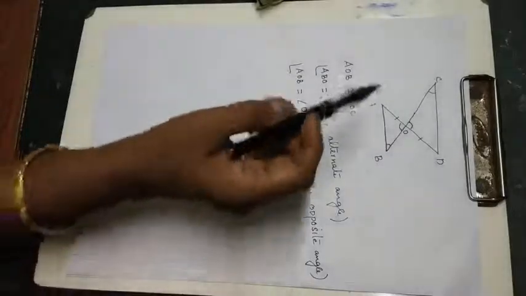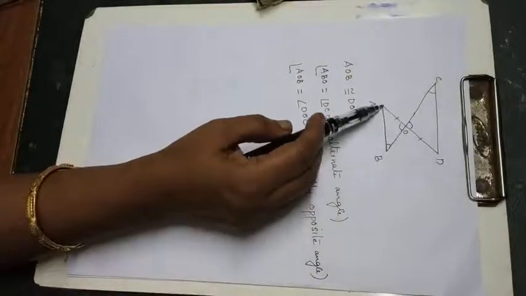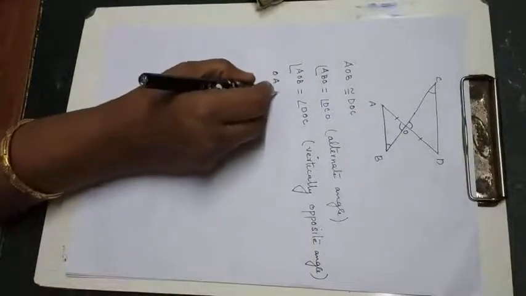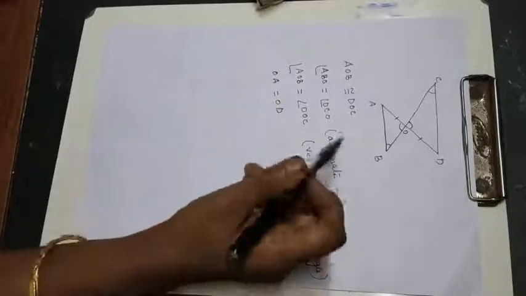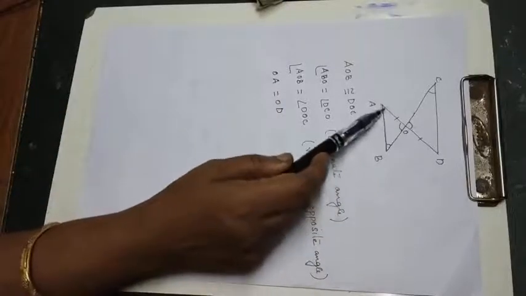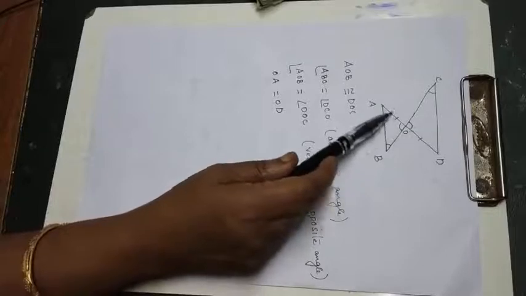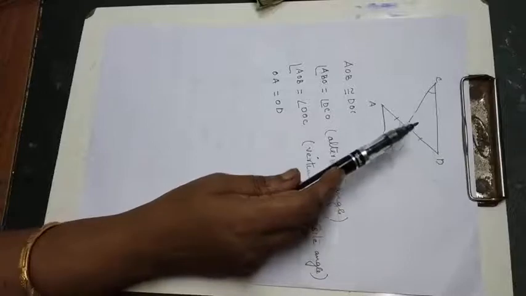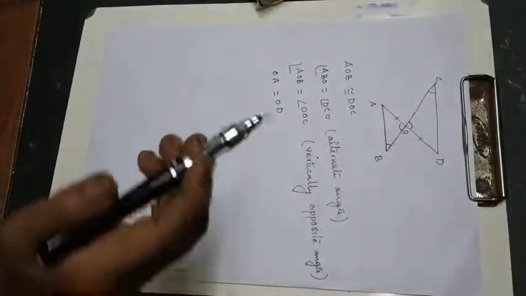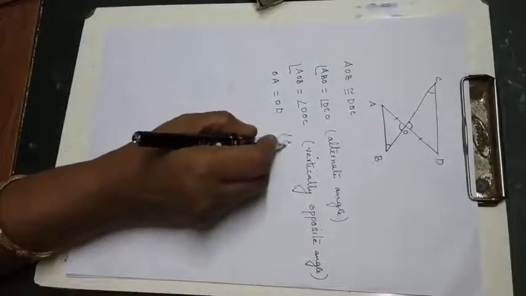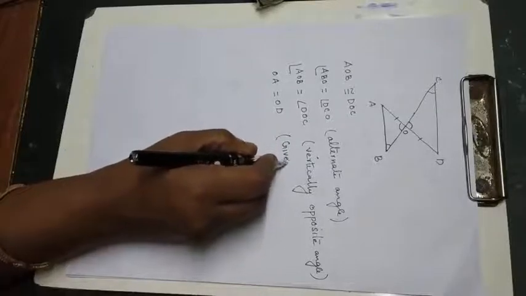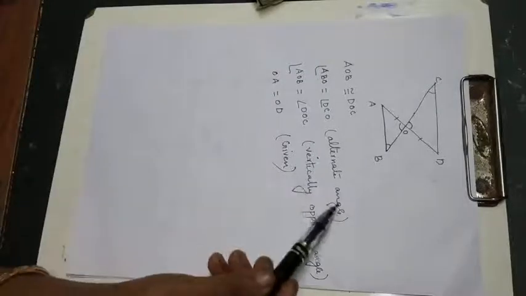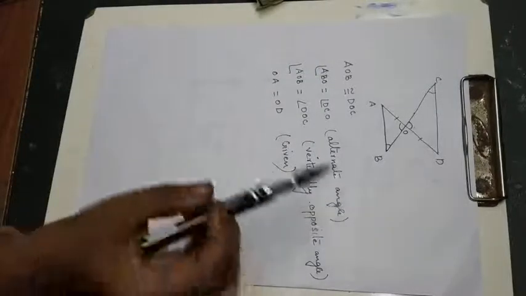Now it is given O is the midpoint of AD. That means OA is equal to OD. O is the midpoint means it will divide this into two equal parts. So AO will be equal to OD. That is given. I told you whatever is given in the question, you can give the reason as given. Now you got two angles and one side. So which two angles?